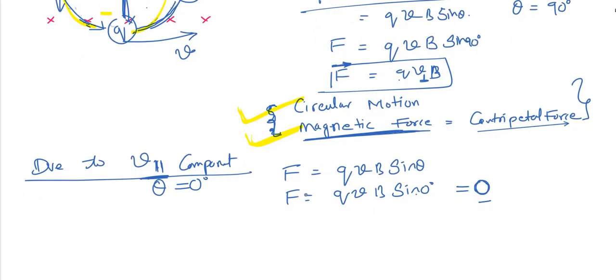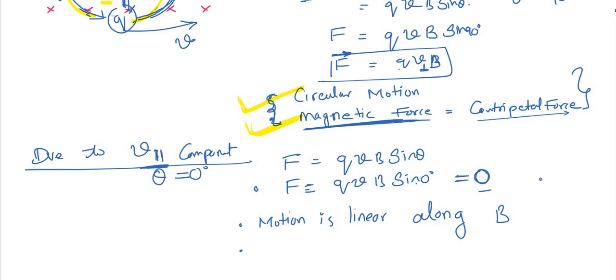No force means no acceleration, so there will be no change in the speed and the particle will keep on moving at its own original speed. So it is clear: no force means no acceleration, which means there will be a linear motion along the direction of B with its initial speed v parallel.